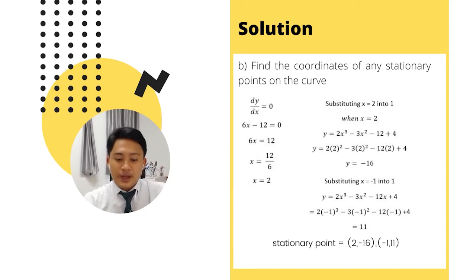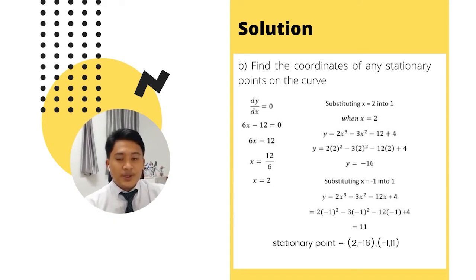With this, we can get open bracket 6x minus 12 close bracket open bracket 1 plus x close bracket equals 0. With this, we can find x, which is, the first x is 2, the second x is negative 1.